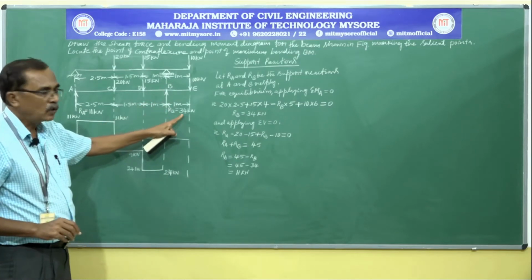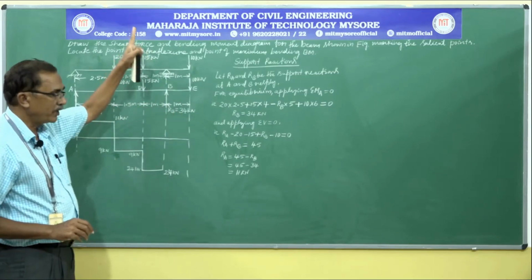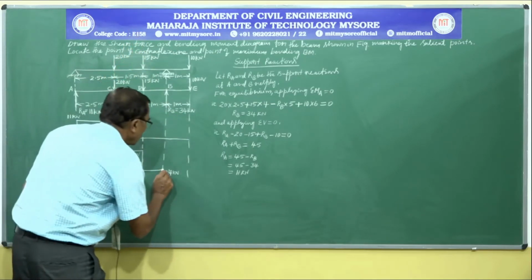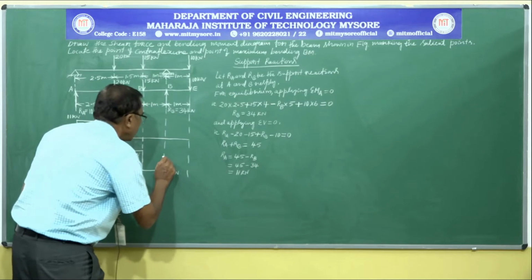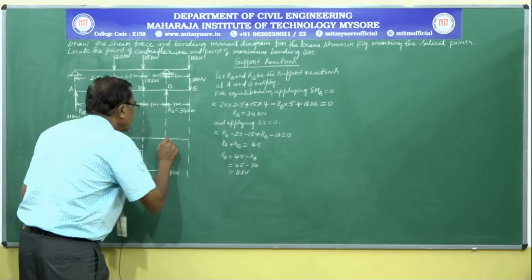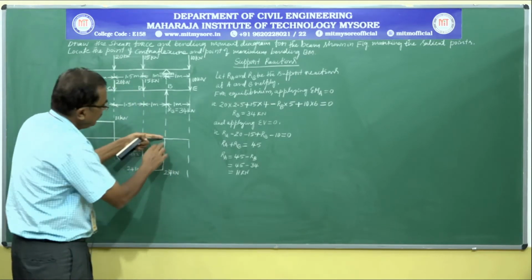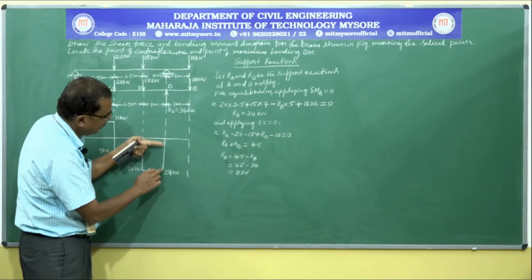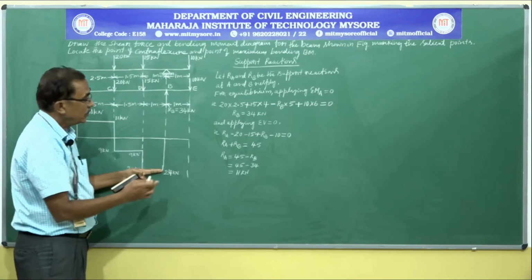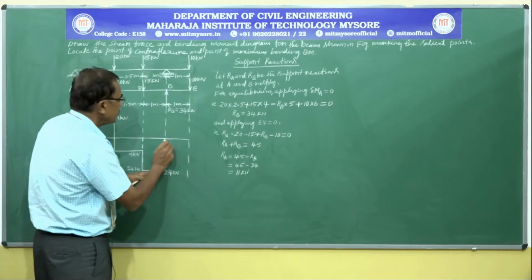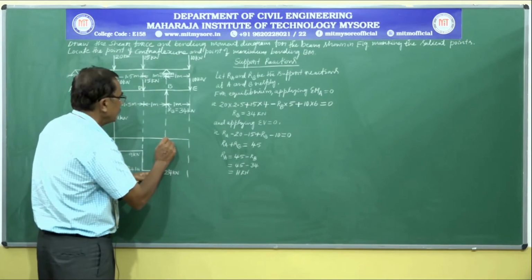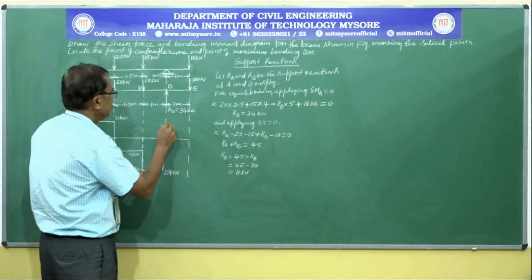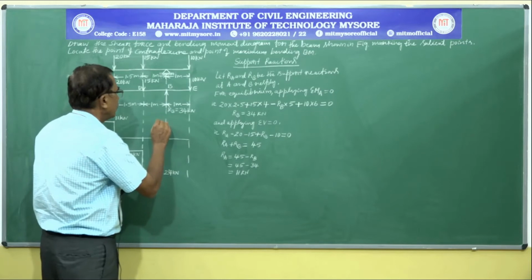There is a point load, meaning the support reaction, acting in the upward direction. Go up by 34 kilonewton. If you go up by 34 kilonewton, it would reach the reference line. You came down by 24 kilonewton below the reference line, but now we have to go up by 34 kilonewton. It will cross the reference line and go up by 10 kilonewton.